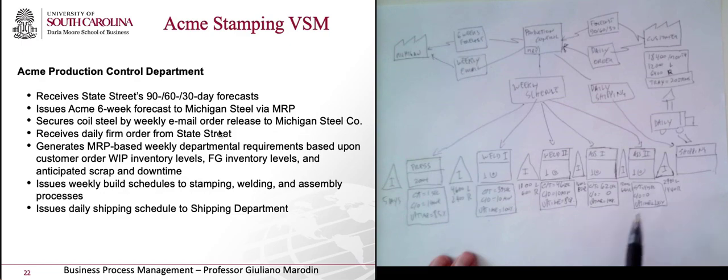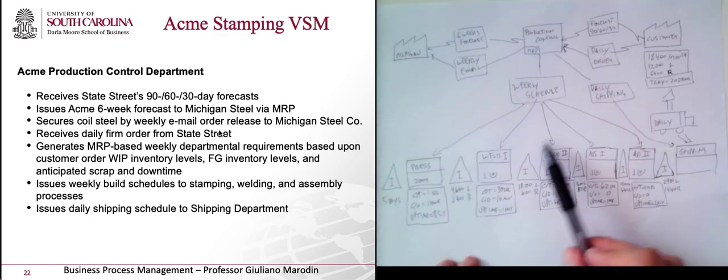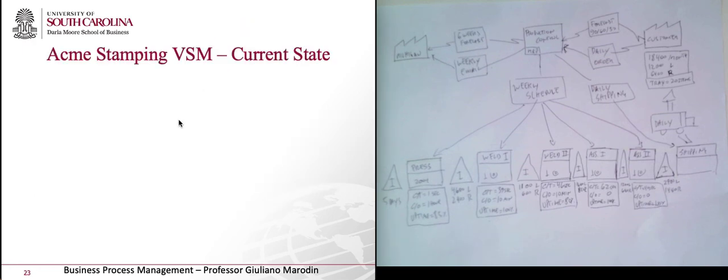Okay, so this is the information flow that we have in our process here, information coming to the fork, to the supplier, and then to each step of the process.